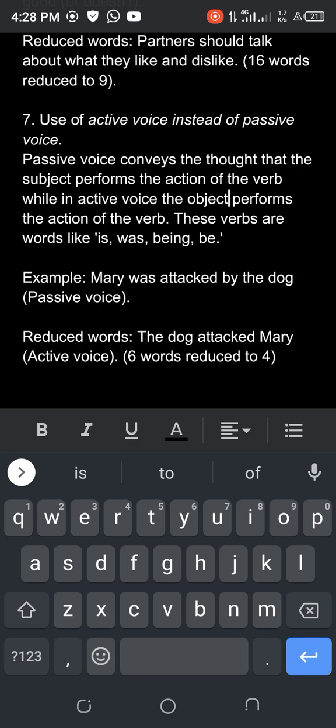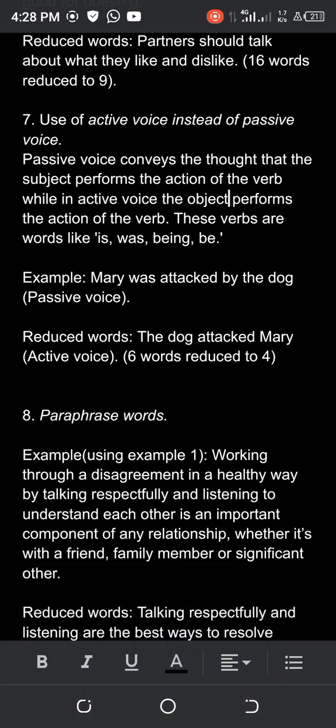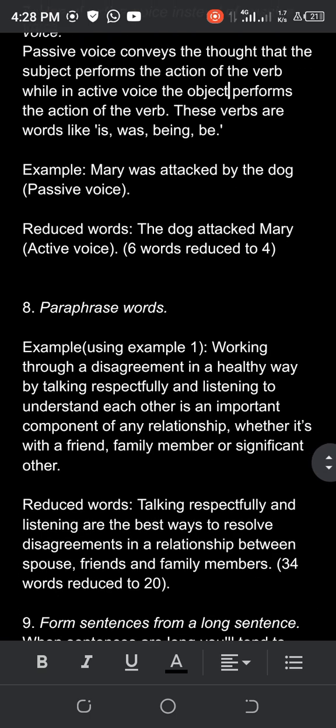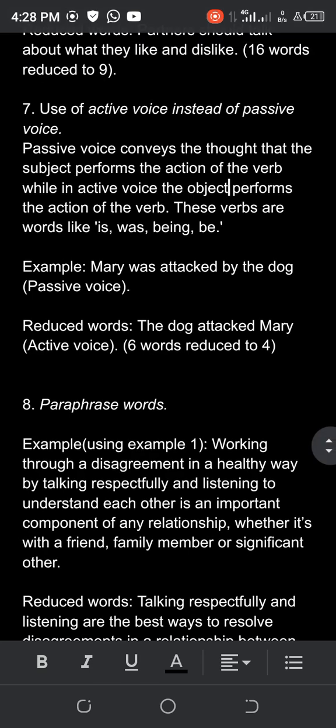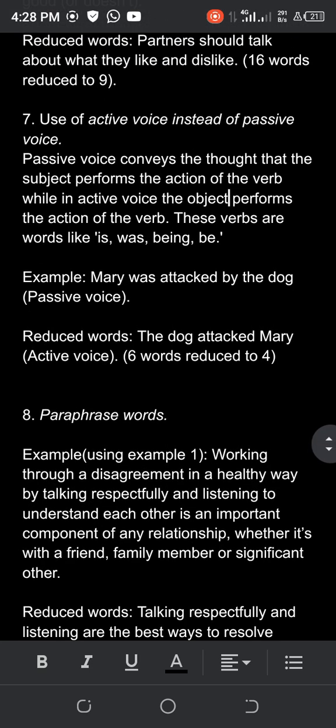So whenever you are writing, always use the active voice. Passive voice carries verbs like is, was, been, be. In this example, the verb is "was".